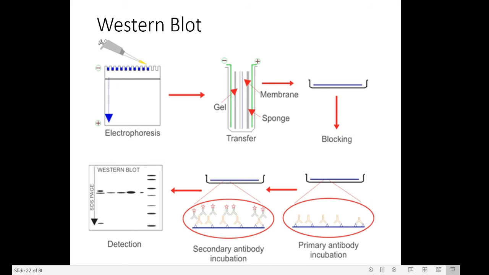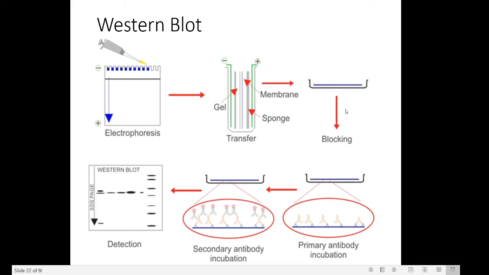We want to transfer the proteins, meaning the antigen, from the gel to the membrane. So this setup helps us do the transfer process.